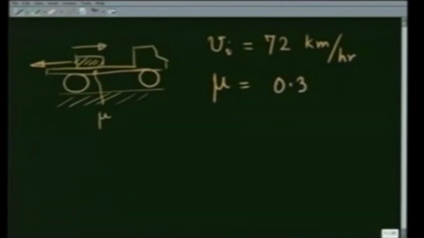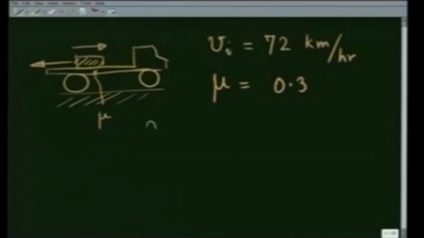What I want to know is, suppose initially the truck is moving at a speed of 72 kilometers per hour and it brakes, and suppose mu is given to be 0.3 between the box and the bed of the truck.